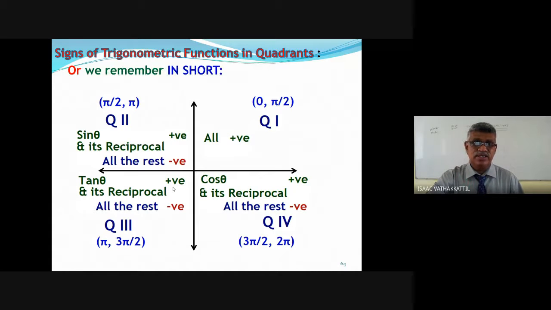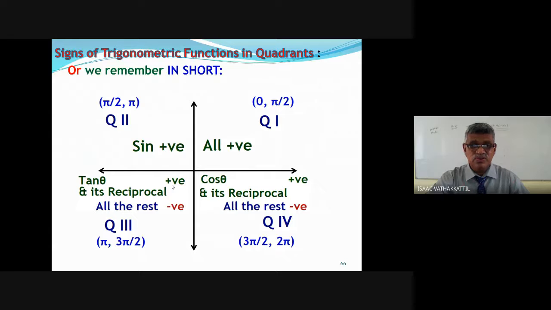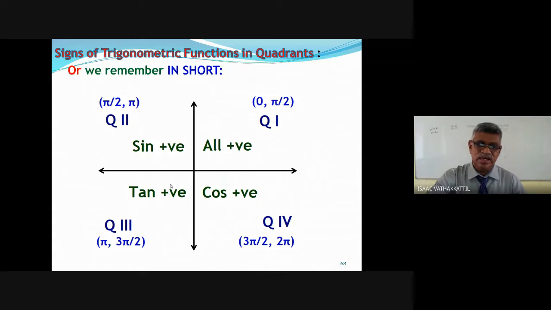We can further shorten this. First quadrant all positive, second quadrant sine positive and its reciprocal, you can easily remember. Third quadrant tan positive, fourth quadrant cos and its reciprocal. You have to somehow remember: first quadrant all positive, then sine, we are moving in the anti-clockwise direction.